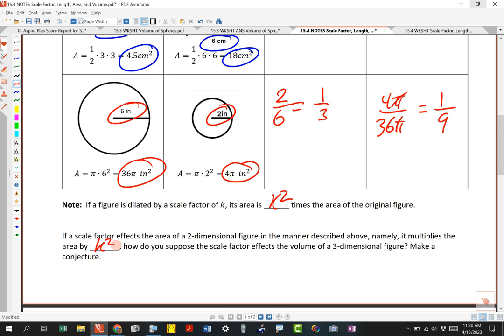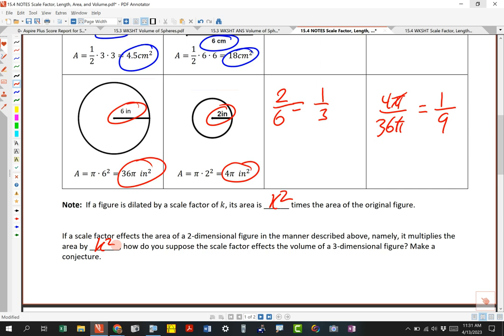This is where we don't say anything, we let everybody think. So if we multiply the linear measurements by a scale factor of k, it changes the area by a scale factor of k squared. This is asking, what do you think would happen if we did that with a volume?